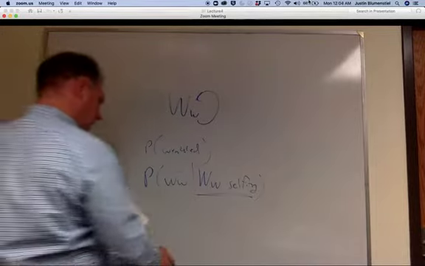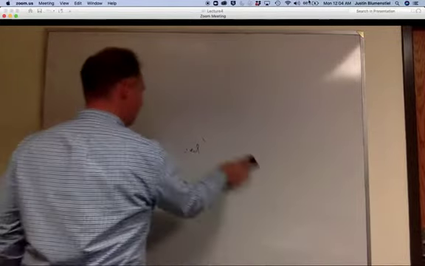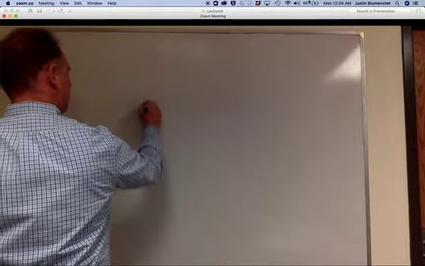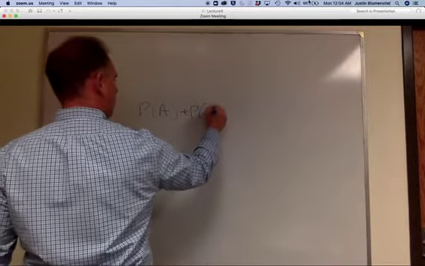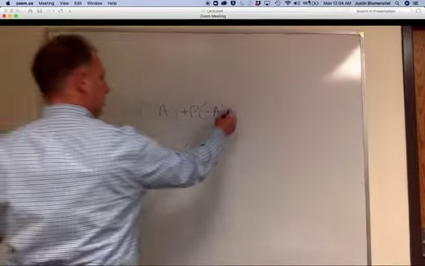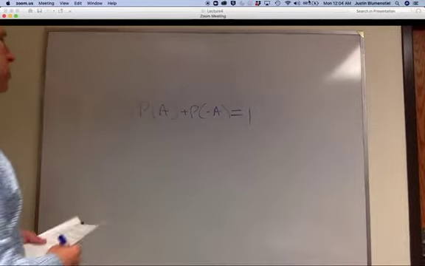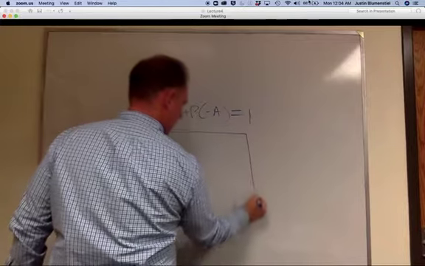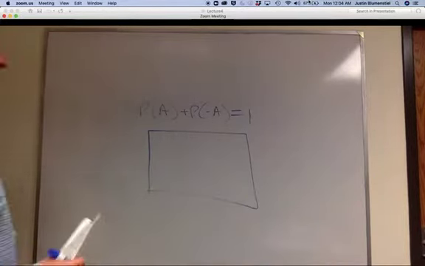Now, we've already been saying that when you have the probability of A plus the probability of not A, what do those add up to? Well, those add up to 1. That's the realm of the entire world. You can imagine the realm of all possible outcomes as a space in which the area is equal to 1.